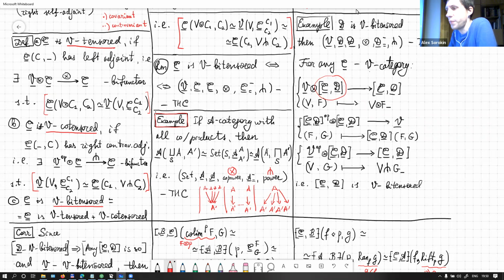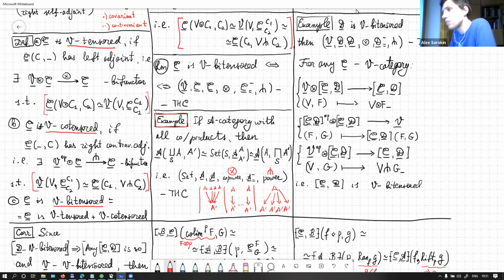So if I have a functor and a coefficient from V, then I will bring them together and I will have F blank, tensor, V. Here this blank waits for an object of C. Once it gets an object of C, it will be an object of D. And with an object of D, I know how to tensor because D is bitensored. So I am getting a well-defined functor from C to D. Similarly for cotensor, but just now with the cotensor sign.